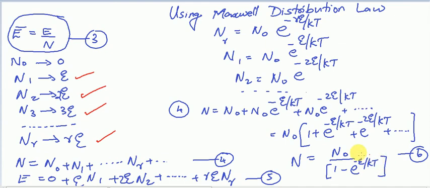So for this simplification, we applied binomial expansion and neglected the higher powers, because those terms are very, very small. So we can neglect the higher powers and simplify the equation. This is approximately equal to this value. So we applied binomial expansion there, and then we eliminated the higher powers. Hence we obtained this equation for N equal to n0 divided by 1 minus e to the power negative ε by kT. That is equation number 6.